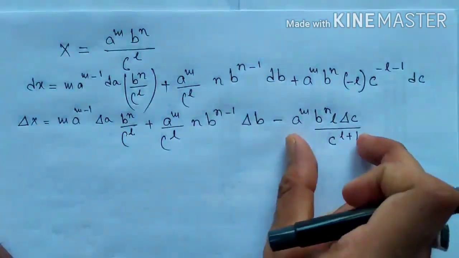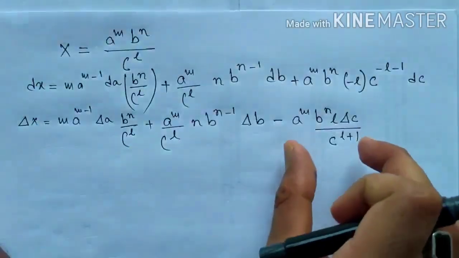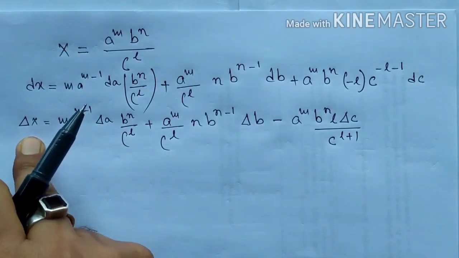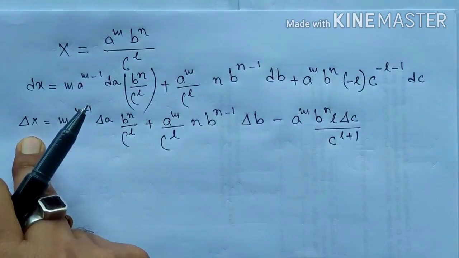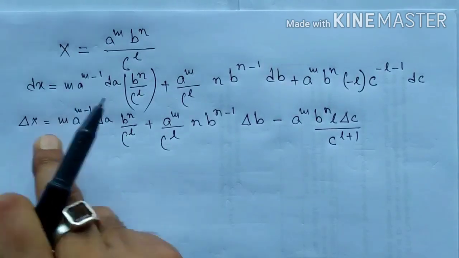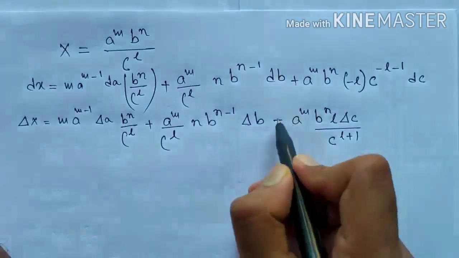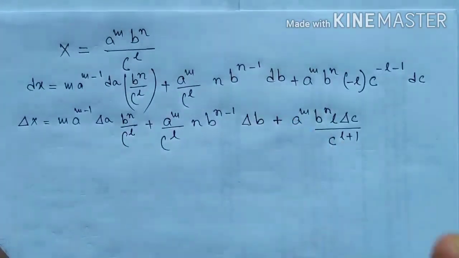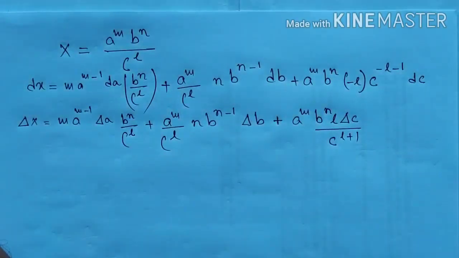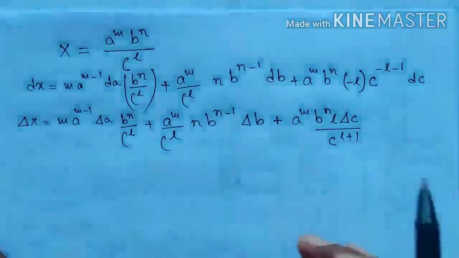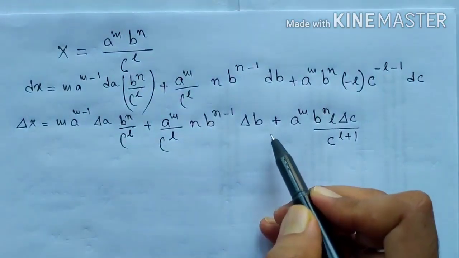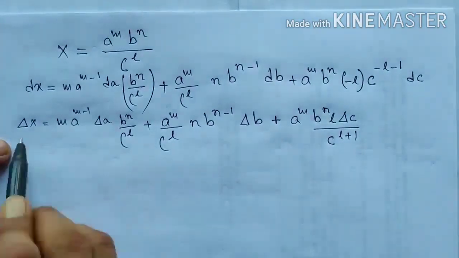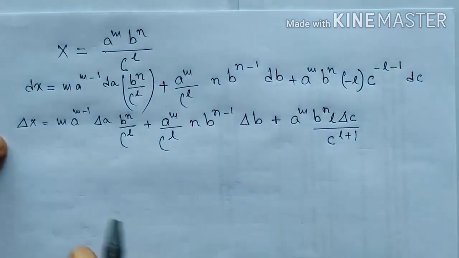So if we subtract something from delta x, then the ultimate result of delta x will not come out to be maximum. So in order to get the maximum amount of error delta x, this quantity again has to be positive. So as we are calculating, mathematically it is negative, but as we intend to calculate the maximum permissible error, so automatically it becomes a positive quantity. Fine. So this is the expression of maximum permissible error.